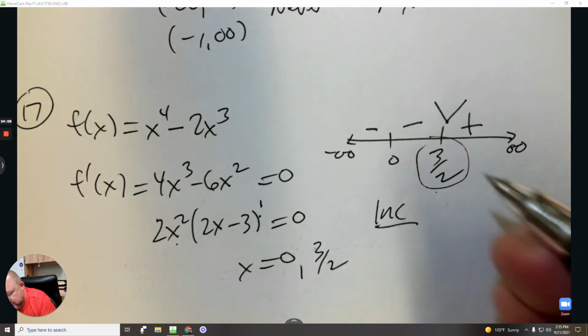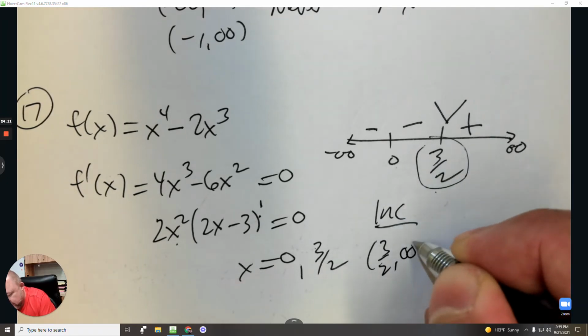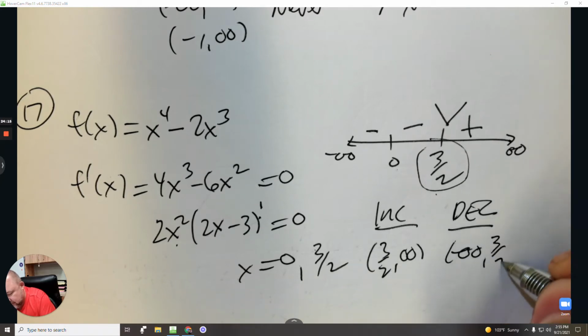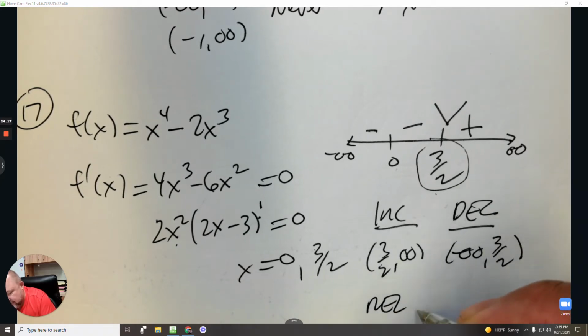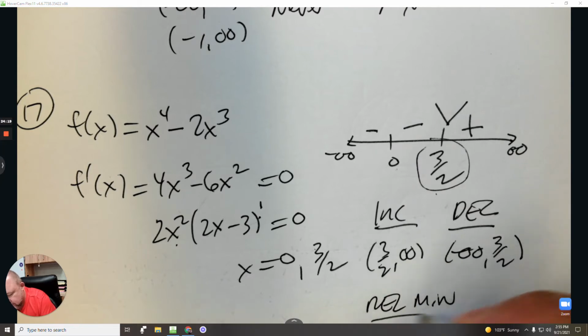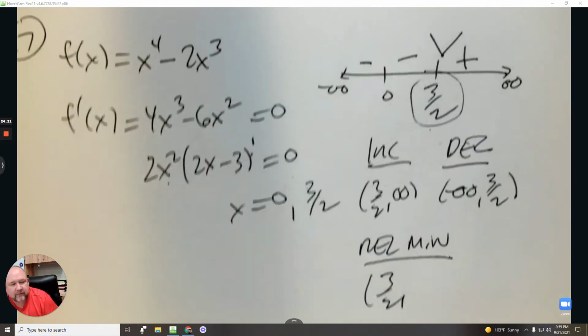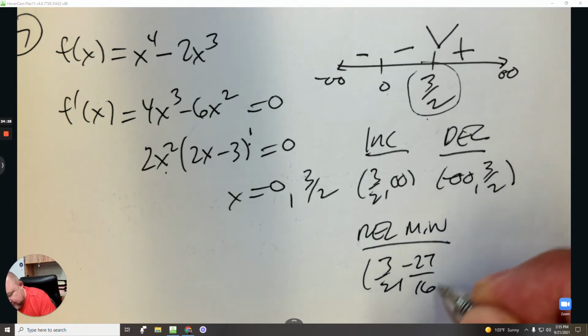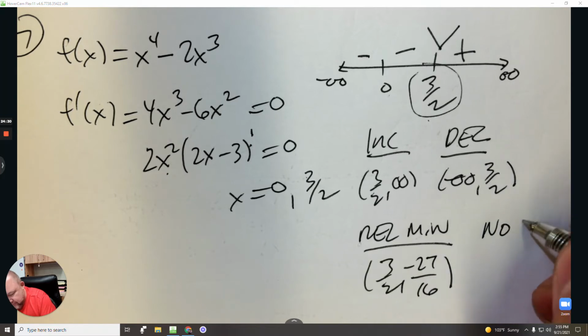So it increases from 3 over 2 to infinity, and it decreases from negative infinity up to 3 over 2. There's a relative minimum at 3 over 2. And if I plug it in and simplify it, it's negative 27 over 16. There are no maxes.